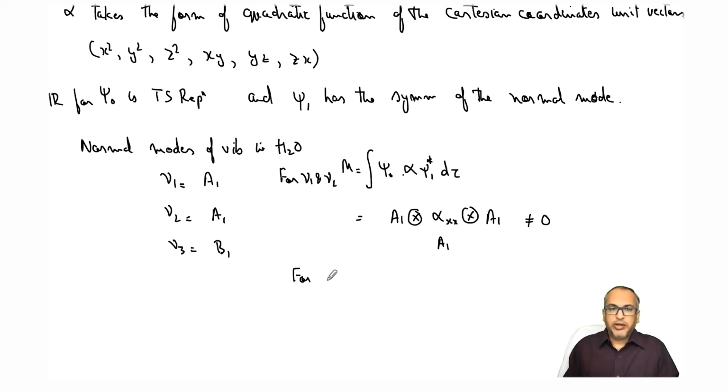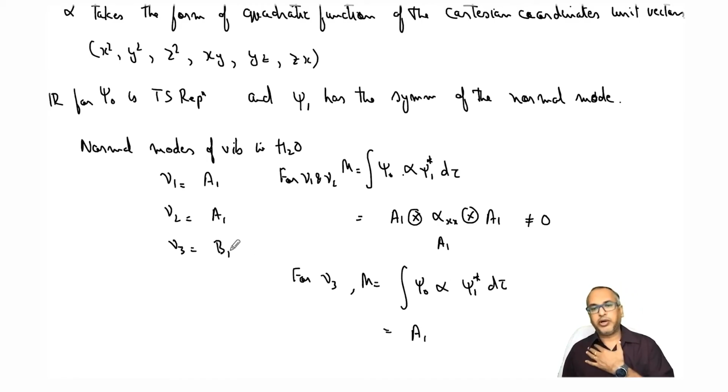Now for nu3, m is equal to the integral of psi 0 alpha psi 1 star d tau. Psi 0 is always A1. Now you have to find if there is any binary product of Cartesian coordinate unit vectors which has the symmetry of B1. I think alpha xz has the symmetry of B1.